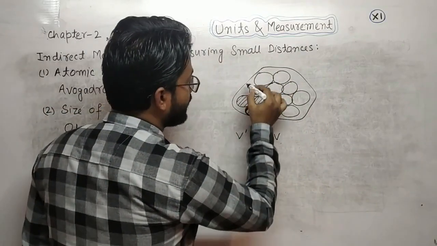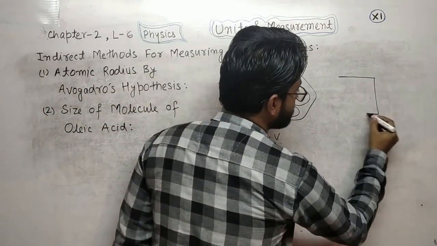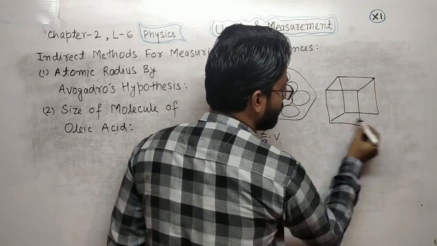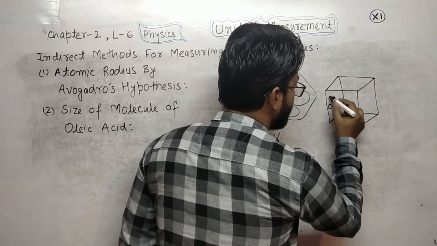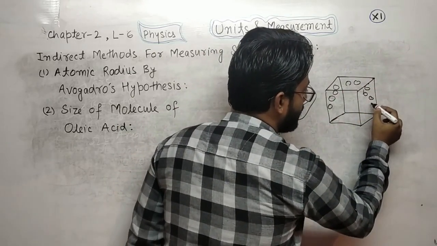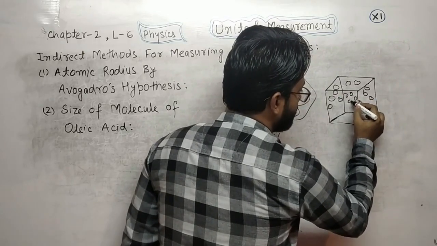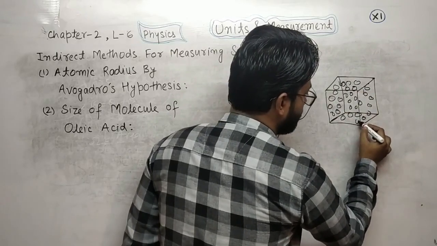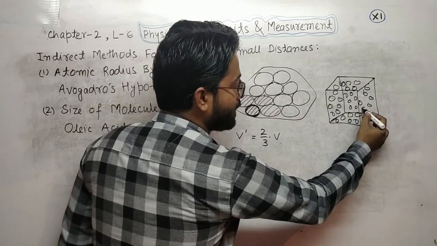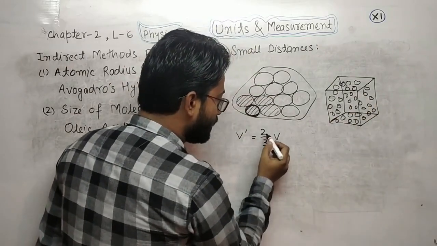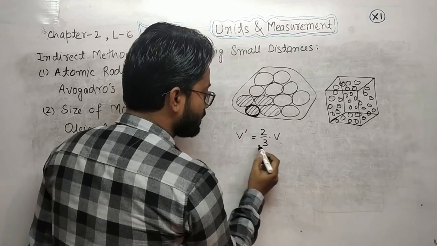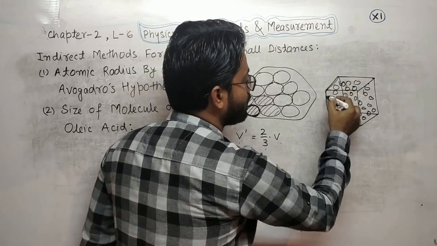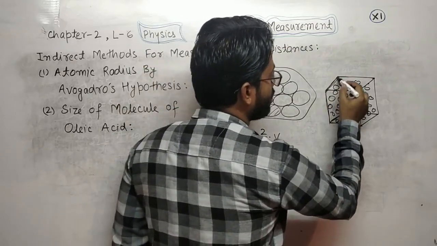Simply we can say that if this is a cube made up of any material, and it has very small atoms, the actual volume occupied by the atoms is 2/3 times the real volume, or you can say the volume of the cube.